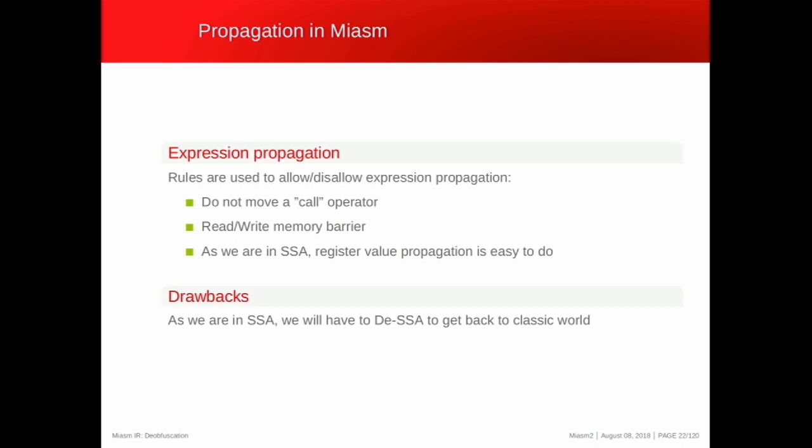To do this, we have some rules. For example, we cannot propagate call operators because a call represents a subcall function. You cannot mess with read-write memory, for example, memory reads. But as we are in SSA, we can do, for example, register propagation and so on.